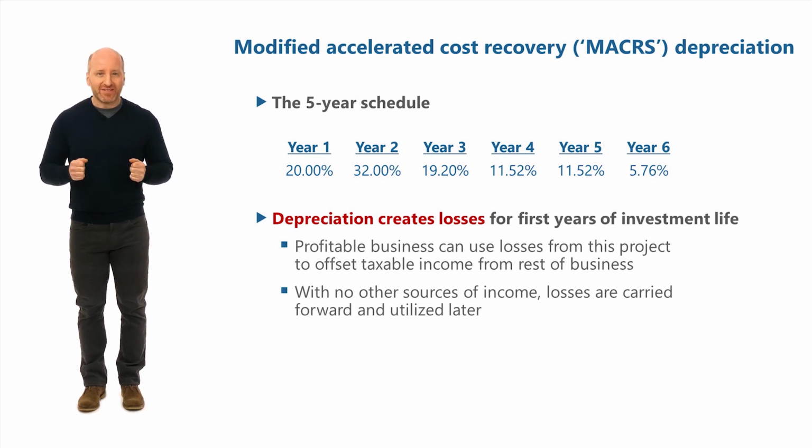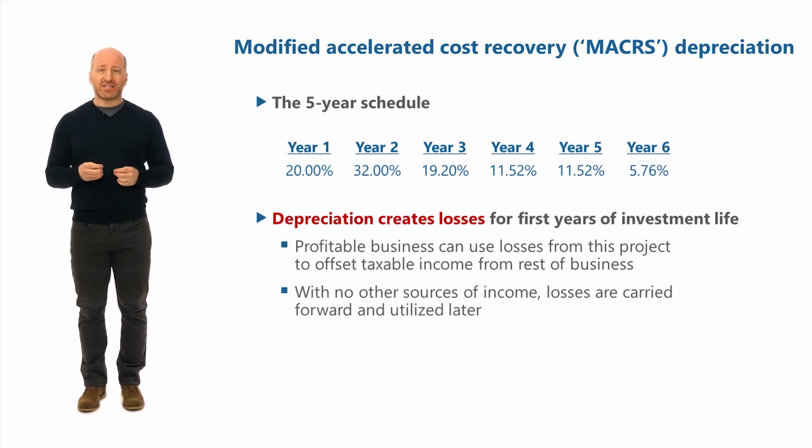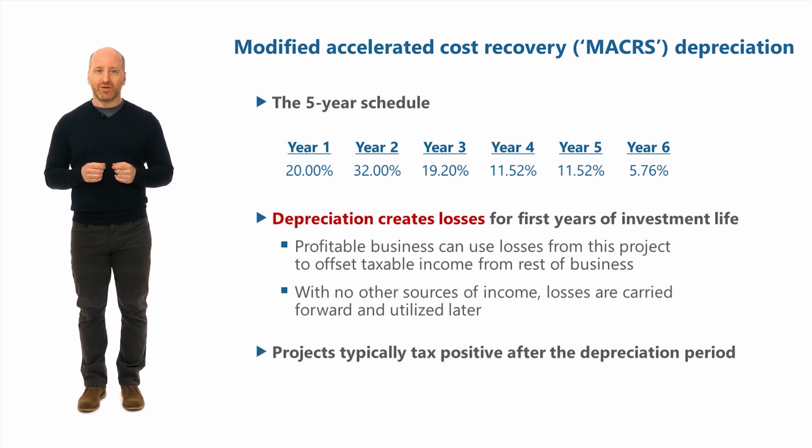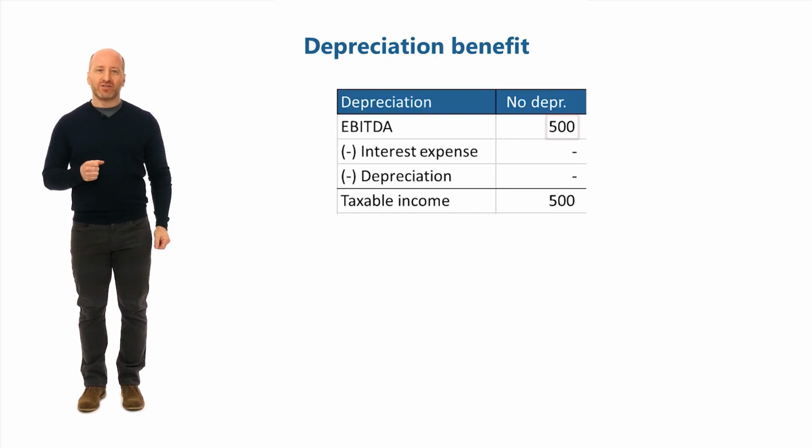On a standalone basis, the renewable energy project itself usually becomes tax positive after the end of the 5-year MACRS depreciation schedule. So let's say we had an EBITDA, which is earnings before interest, tax, depreciation, and amortization, of $500.